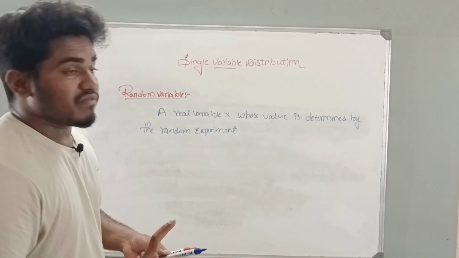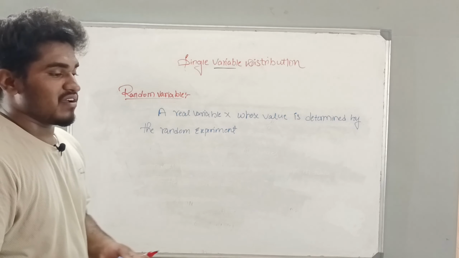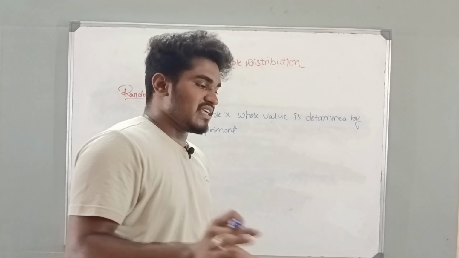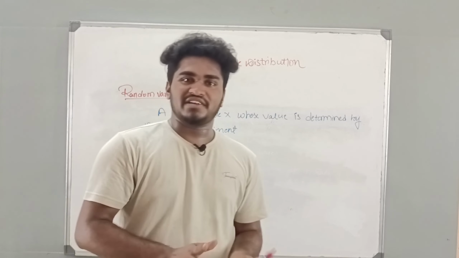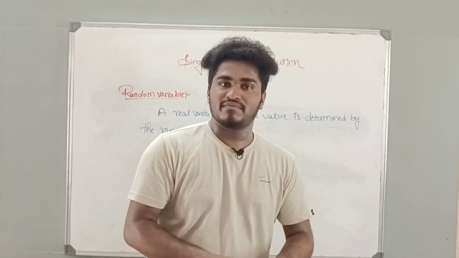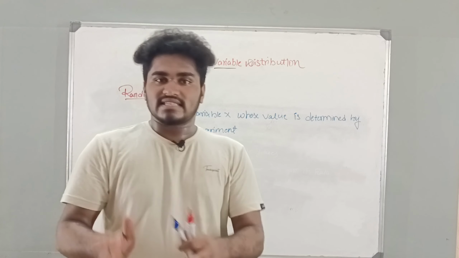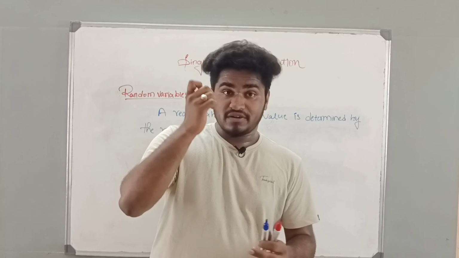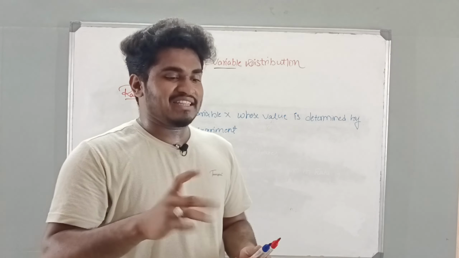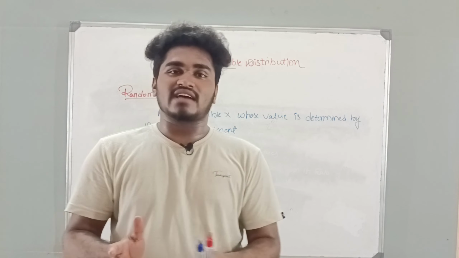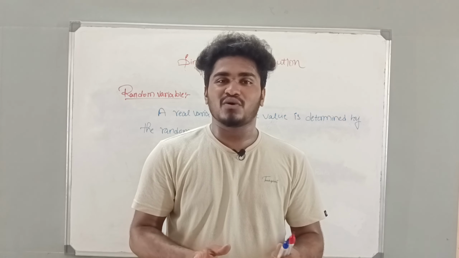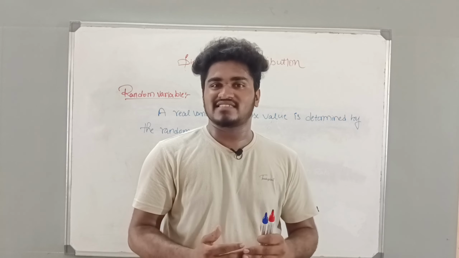Random variables are of two types: the discrete random variable and the continuous random variable. The first half of your second unit deals with discrete random variables, and the second half deals with the continuous random variable. Also, one thing I suggest: within these 2 days, it is difficult to go through the entire syllabus.